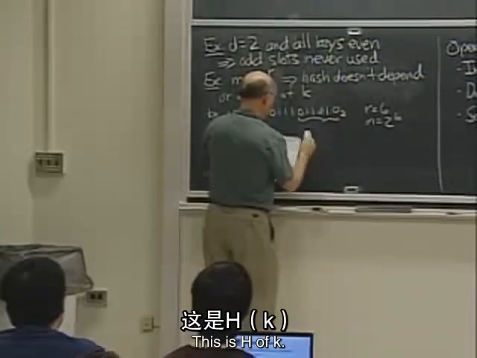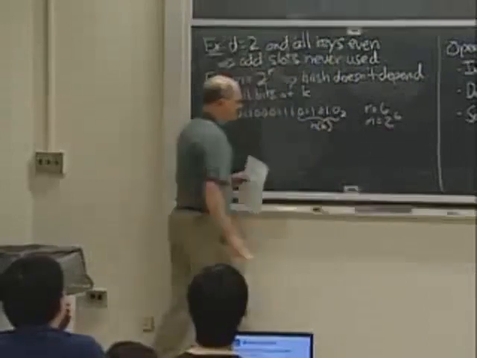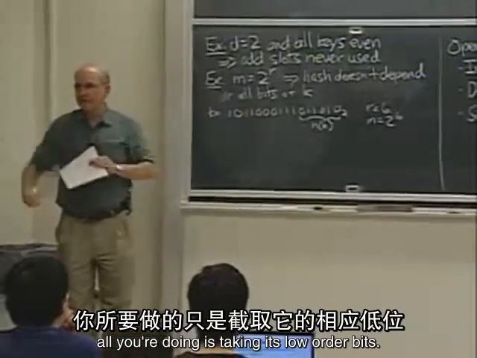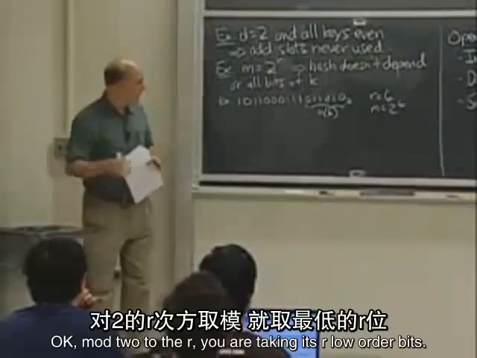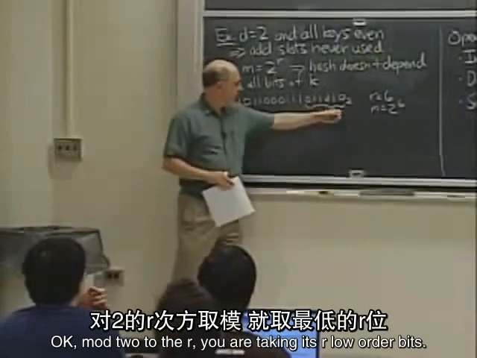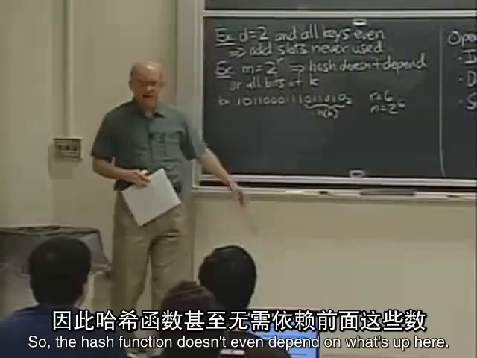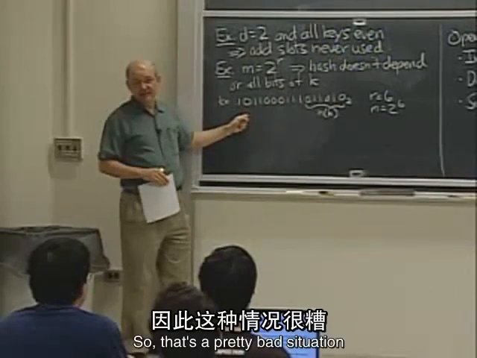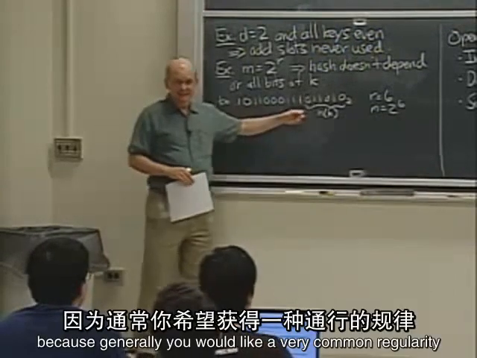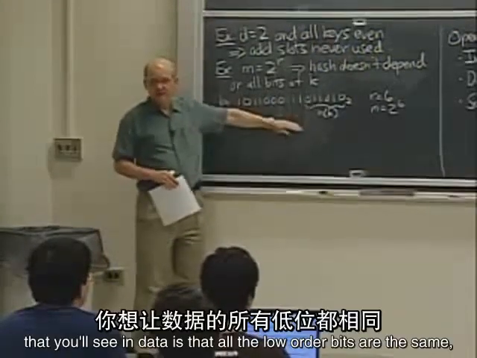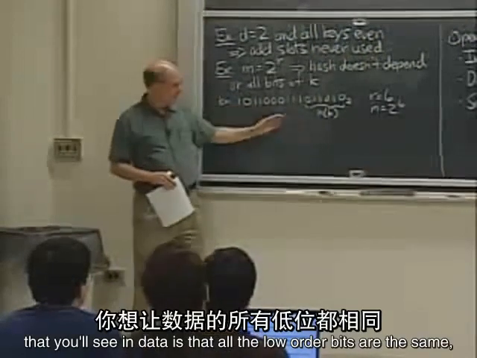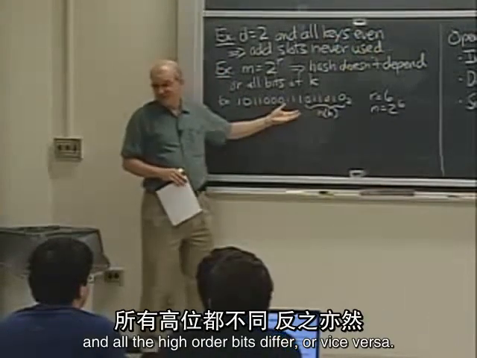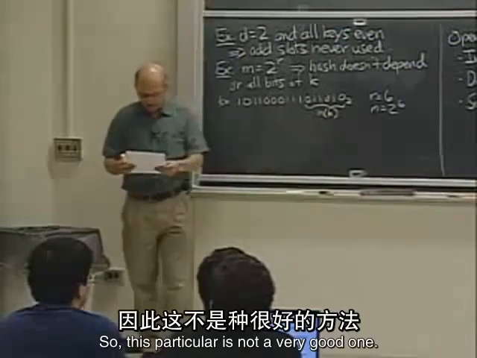This is h of k. When you take something mod a power of 2, all you're doing is taking its lower order bits. Mod 2 to the r, you're taking its r lower order bits. So the hash function doesn't even depend on what's up here. So that's a pretty bad situation, because a very common regularity that you'll see in data is that all the lower order bits are the same and all the higher order bits differ, or vice versa. So this in particular is not a very good one.